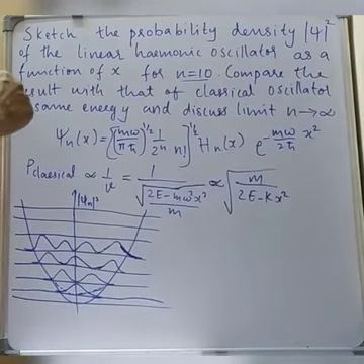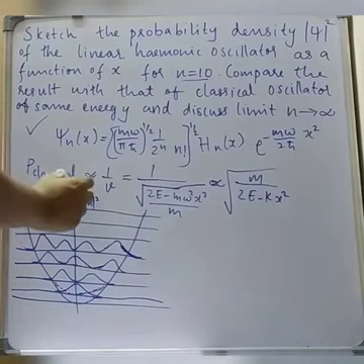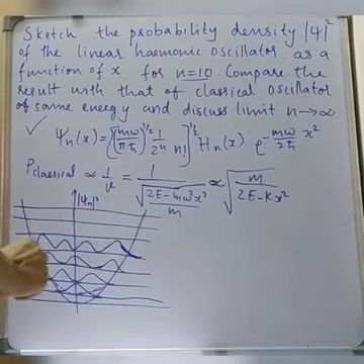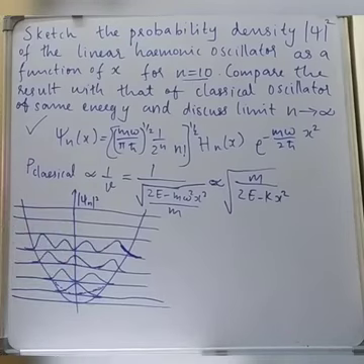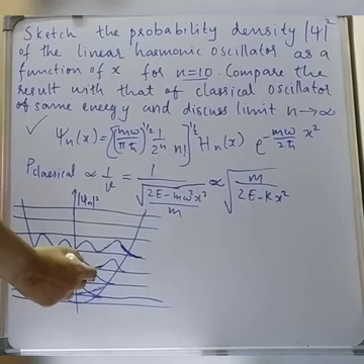As we know, the wave function psi n of x is given like this, and we have plotted mod psi n square. The bold lines are quantum probabilities and the dotted line shows the classical probability.